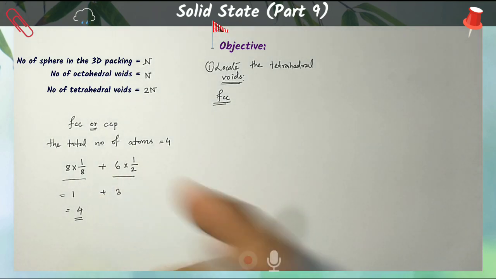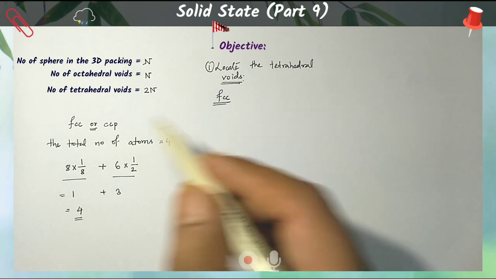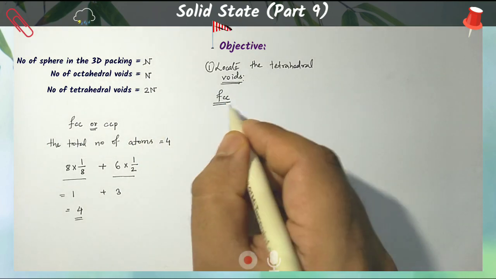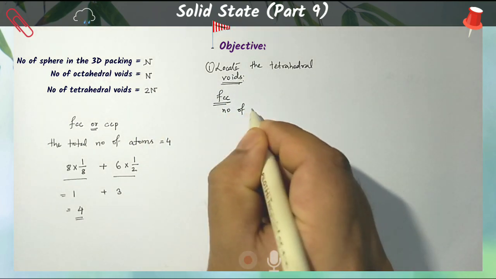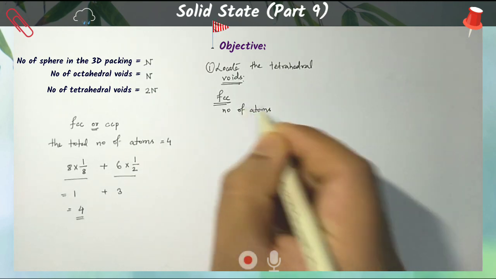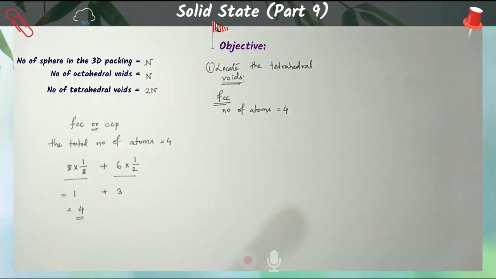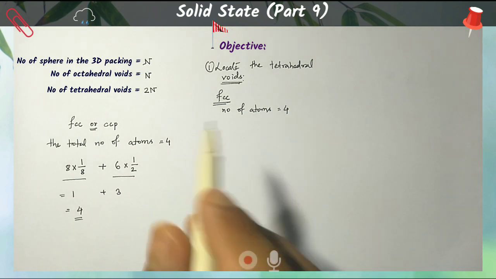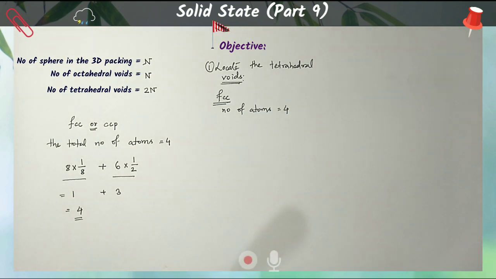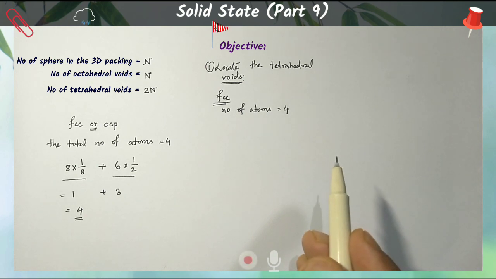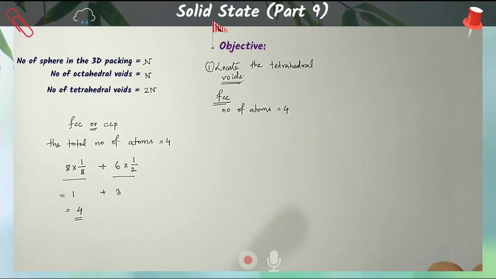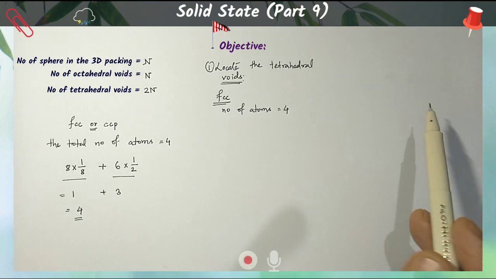We know that the number of atoms for this FCC is equal to 4. So first we have to find out where the tetrahedral voids are present in that FCC unit cell, and the second thing is that we have to calculate the number of tetrahedral voids.